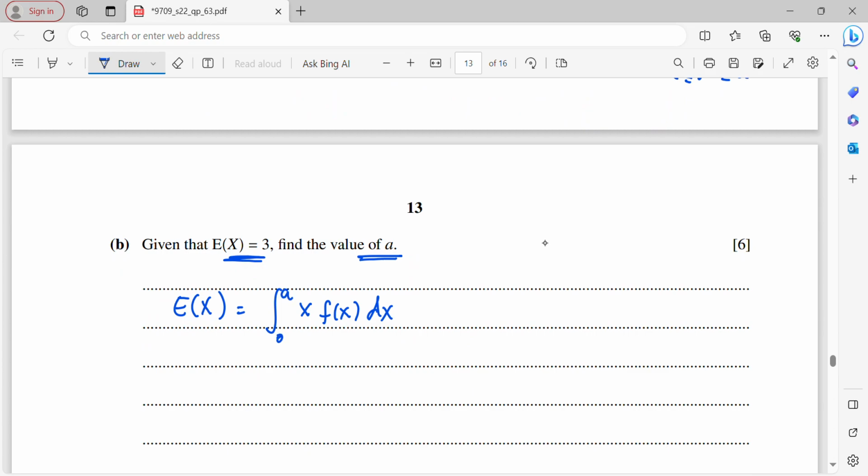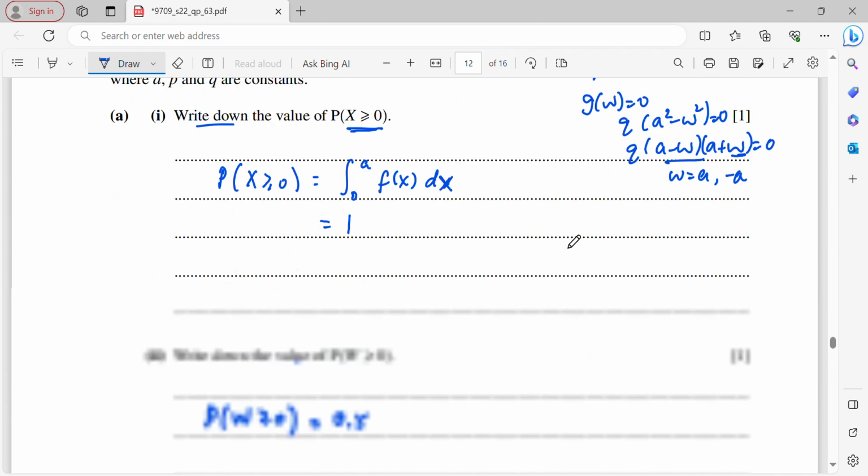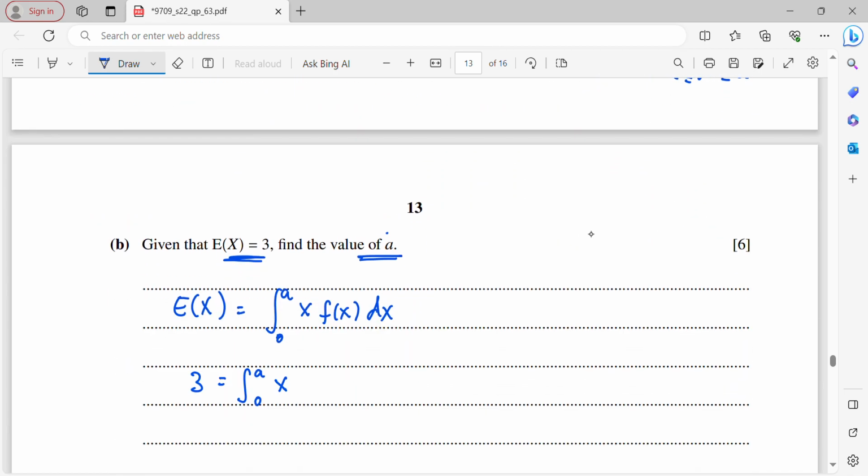Now you need to find what A is. Here, E(X) is 3. So you integrate from 0 to a, x times fx, where fx is P of a squared minus x squared, then dx.